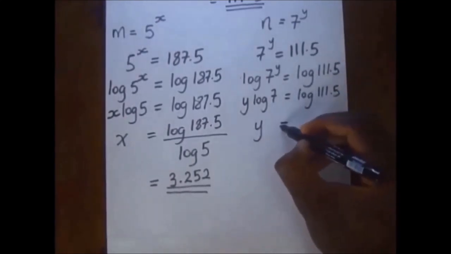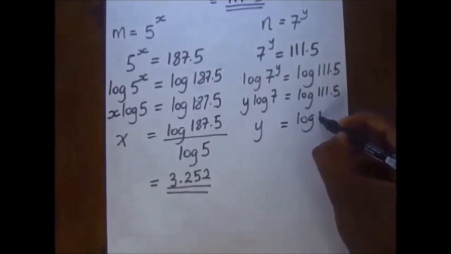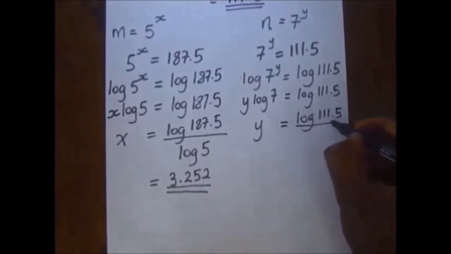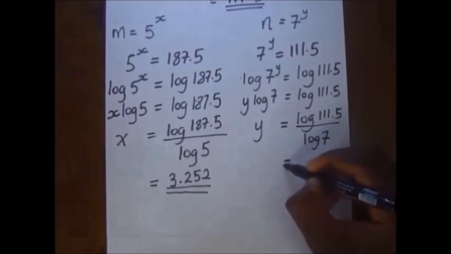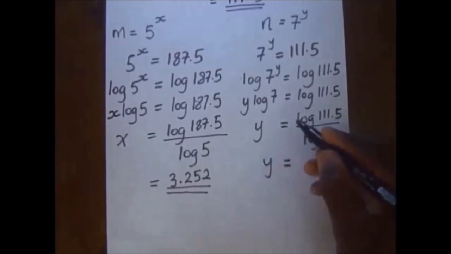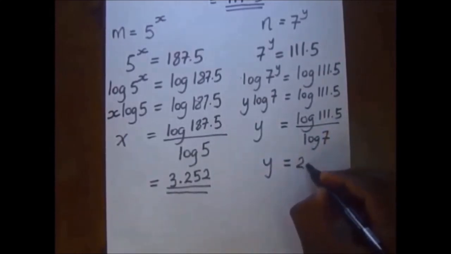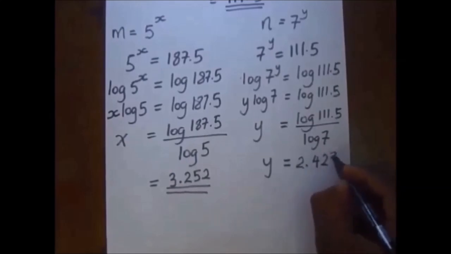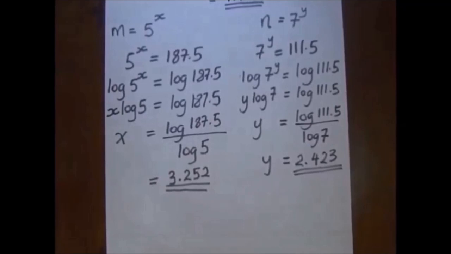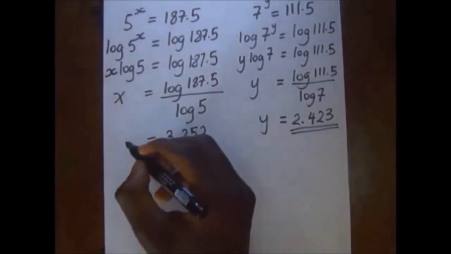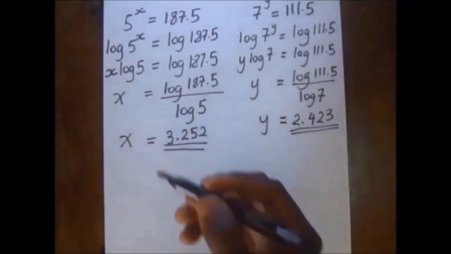So our value of y here is going to become the log of 111.5, divide that by the log of 7. So our value of y here is going to become 2.423. 2.423 now is our value of y, and this is the value of x.